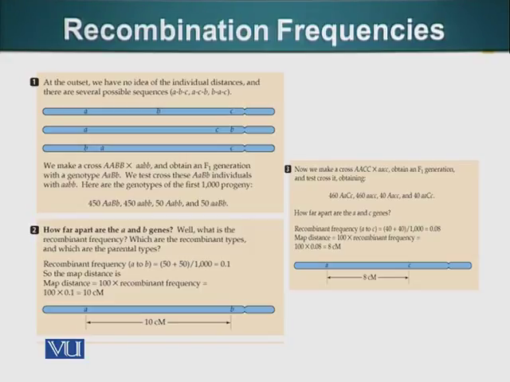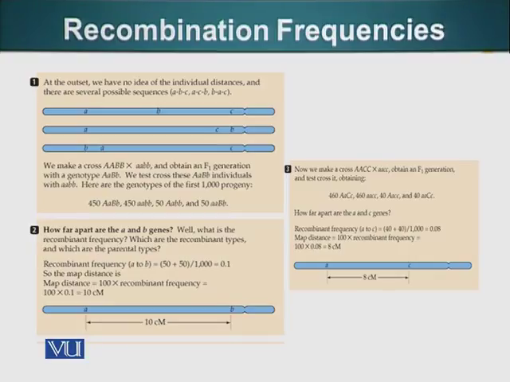As we have already established, 1 centimorgan is 0.01. This is how you convert recombination frequencies into centimorgans. So we can conveniently place the A and B genes along a chromosome, and the distance between them is 10 centimorgans.